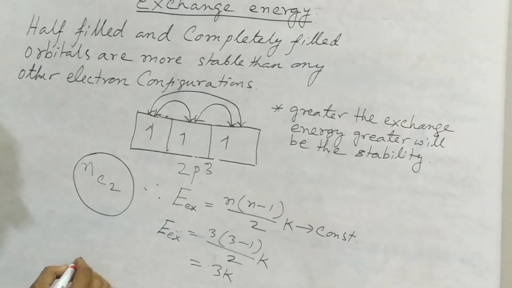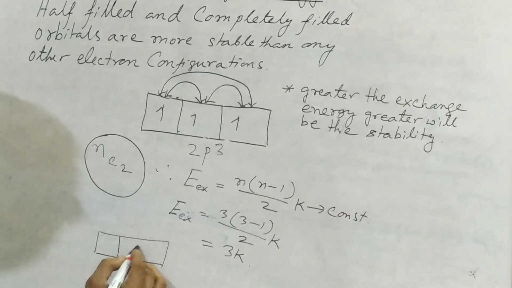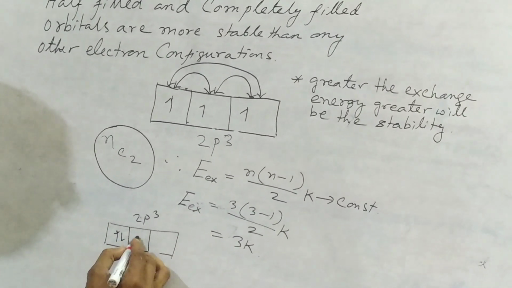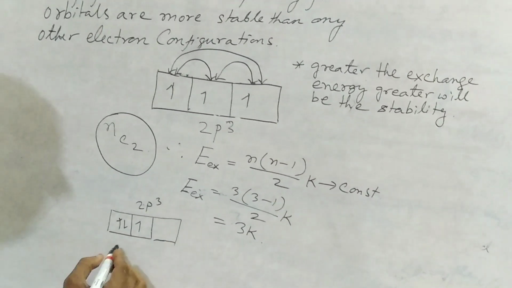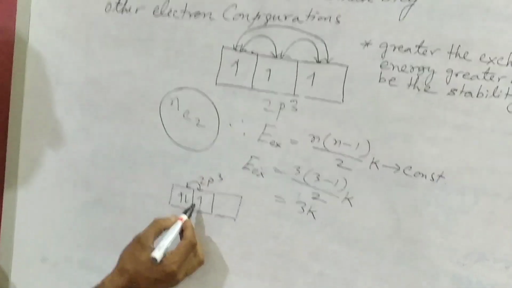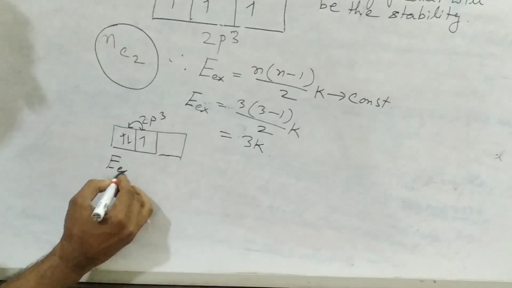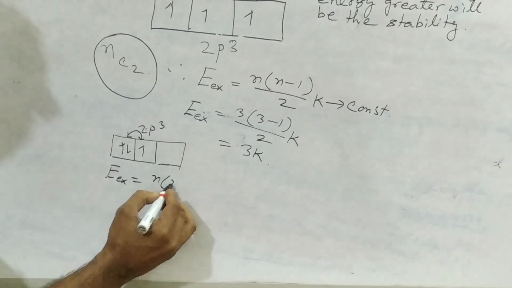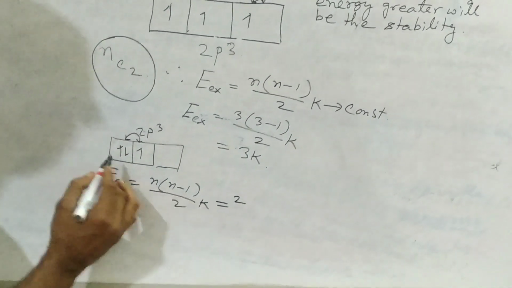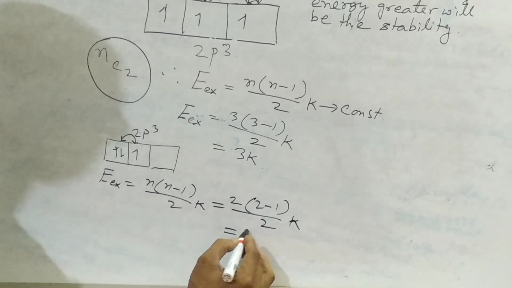On the other hand, if the configuration would be like this, then only one exchange is possible since only 2 electrons are in parallel spin, that is rotating in the same direction. Therefore, E exchange equals n into n minus 1 by 2 k, that is 2 into 2 minus 1 by 2 k, which equals k.